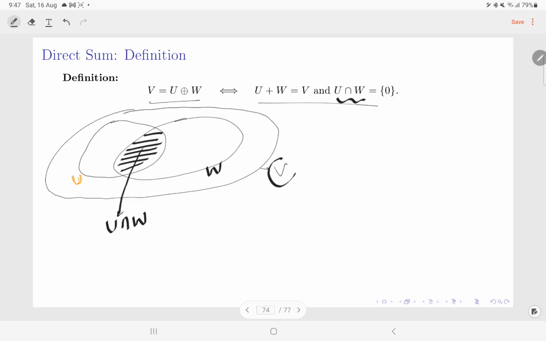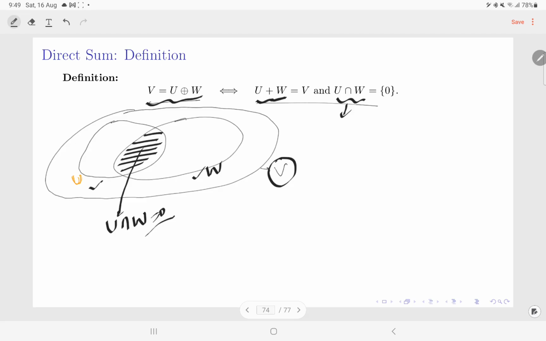If you see the diagram, this is your vector space V, and U and W are subspaces of vector space V. This is the sum of two subspaces. The direct sum of U and W is equal to vector space V if and only if it satisfies these two properties: the sum of the two subspaces is equal to V, and the intersection has to be 0. Then this is called a direct sum.